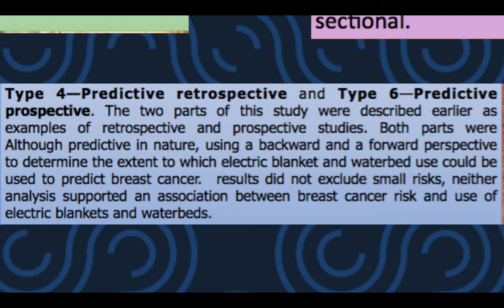Both parts were predictive in nature, using a backward and forward perspective to determine the extent to which electric blanket and waterbed use could be used to predict breast cancer. Although results did not exclude the small risk, neither analysis supported an association between breast cancer risk and use of electric blankets and waterbeds.